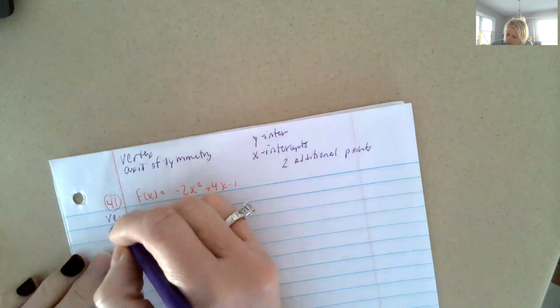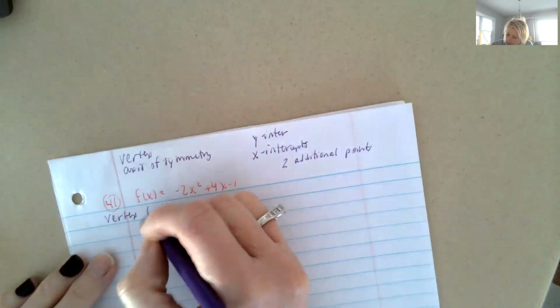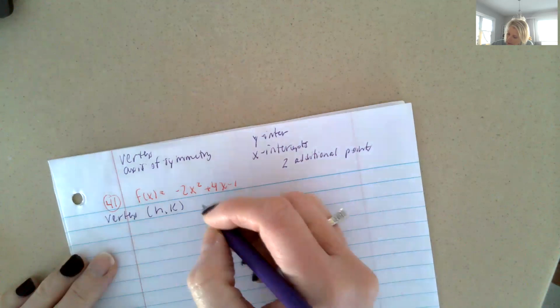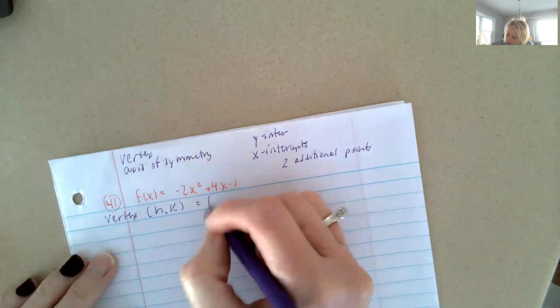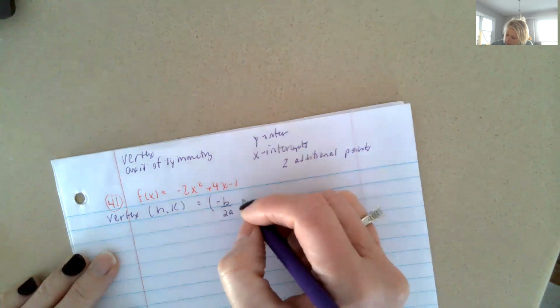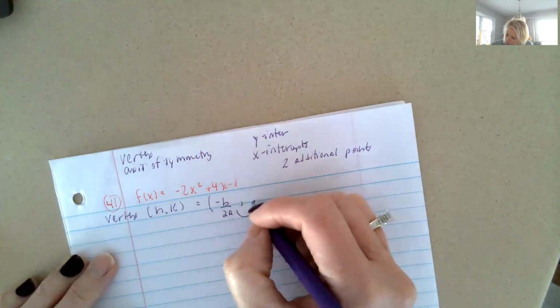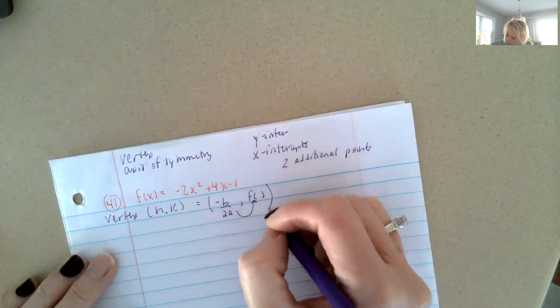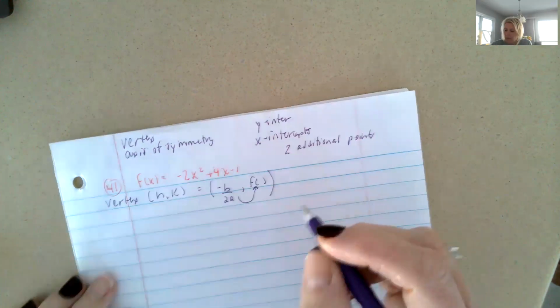Let's just write this. Vertex is (h, k), and h is negative b over 2a, and then that goes into the function, and the y value comes out.